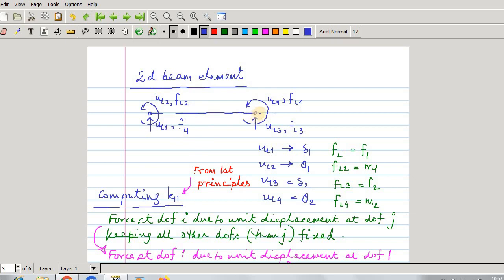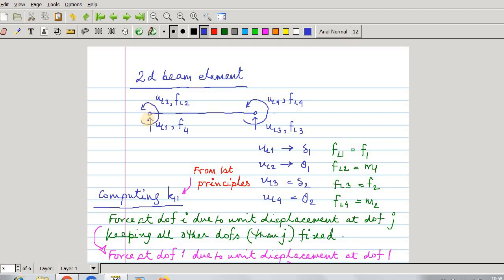Here I have forgotten to show, this is the x local axis from here to here, and this element has 4 degrees of freedom. Since this is a beam element, it can have a transverse displacement and it can have a slope.